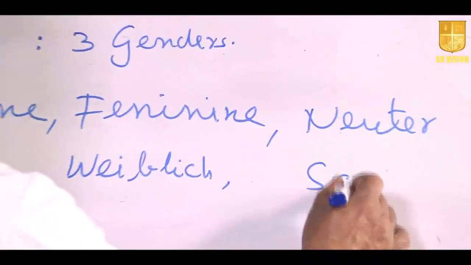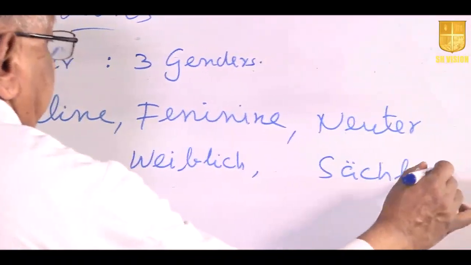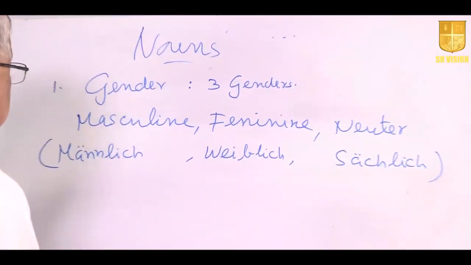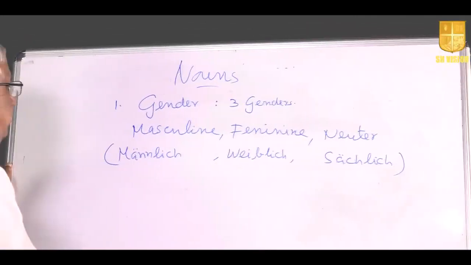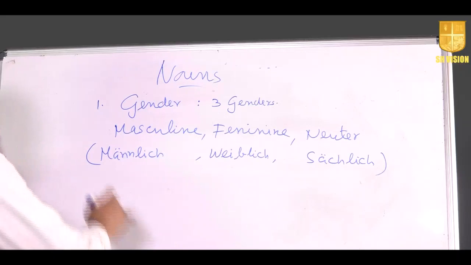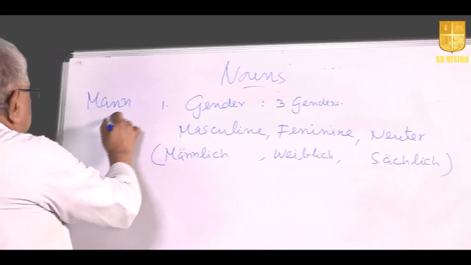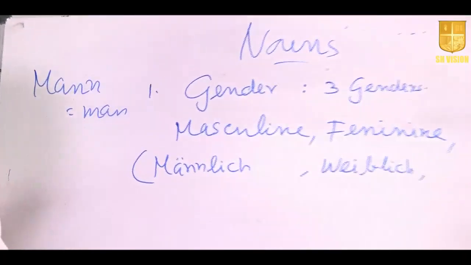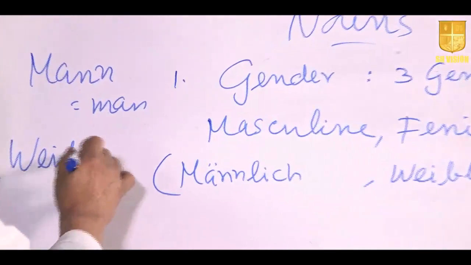Sächlich. This is the German equivalent to the words masculine, feminine, and neutral. Masculine is manly. Mann means man. Weib is woman.